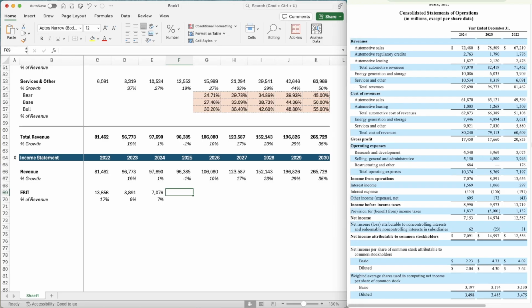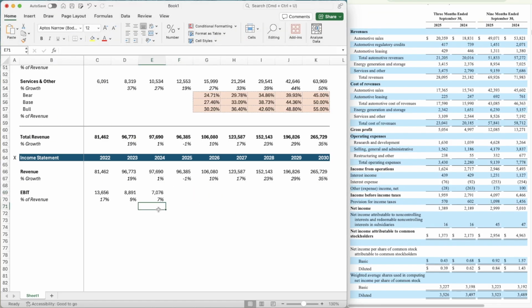Let's work out 2025. 5493. $2,946 multiplied by 1.288 is 18,496.